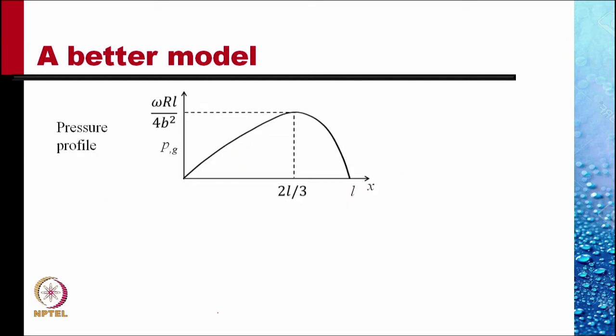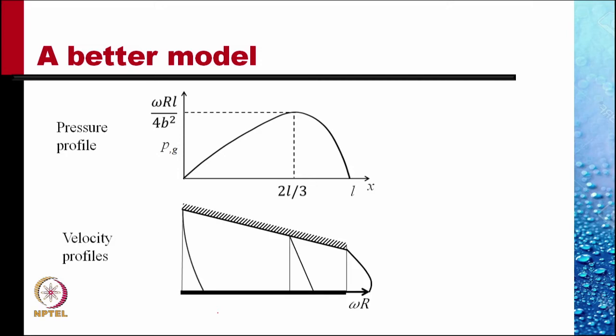And if we do this, we get a pressure profile like this. In this, the maximum pressure is equal to omega R L divided by 4 B square, and occurs at 2/3 the length from the left end. B is the average depth of the channel.